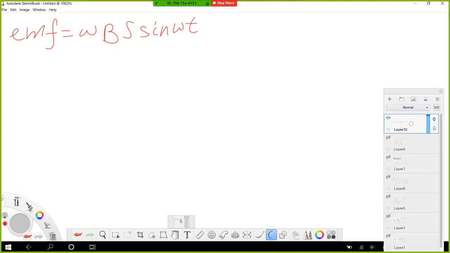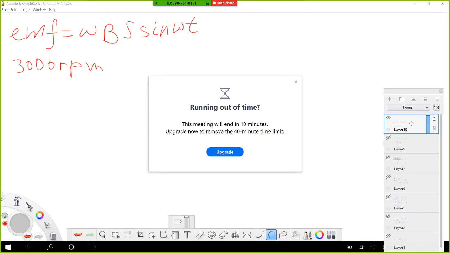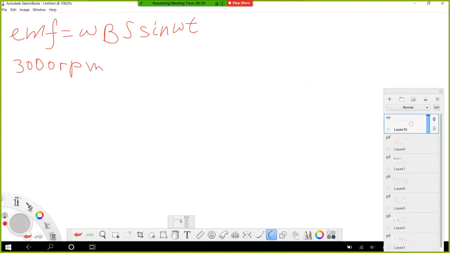Well, omega is given. We are given that our loop is rotating at 3000 rpm, and from here omega will be 2 pi n over 60.